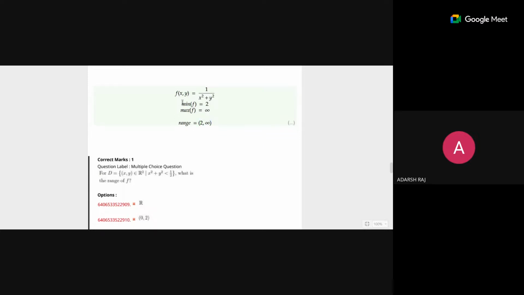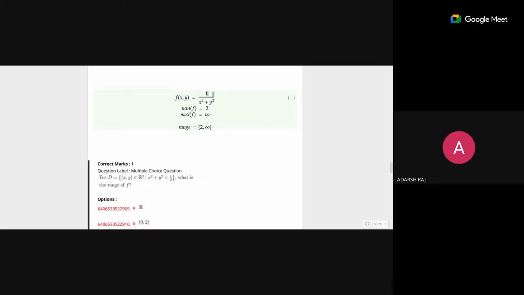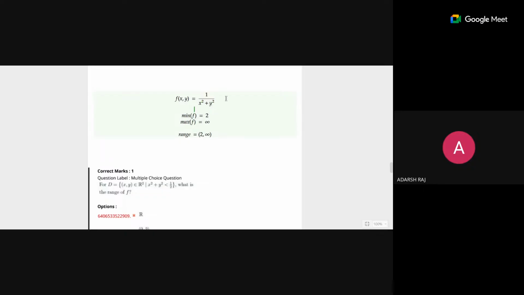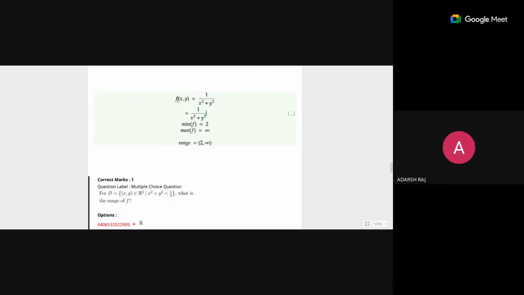The minimum value this function will attain is when x square plus y square is less than 1 by 2. So we want to minimize this function.